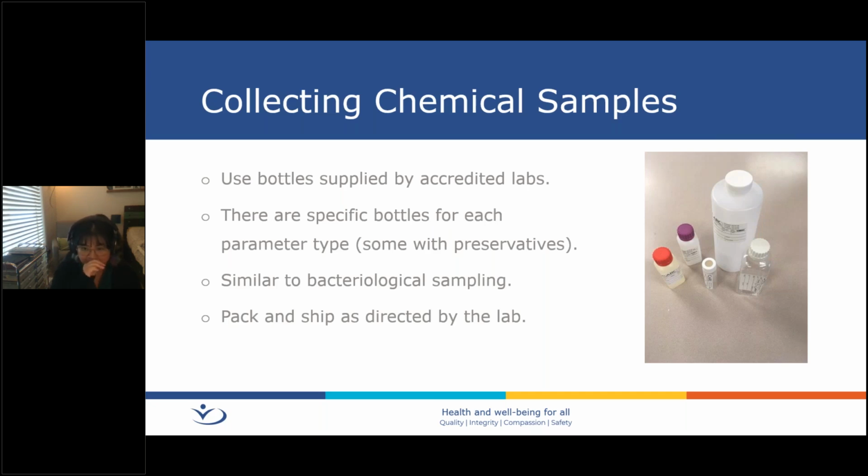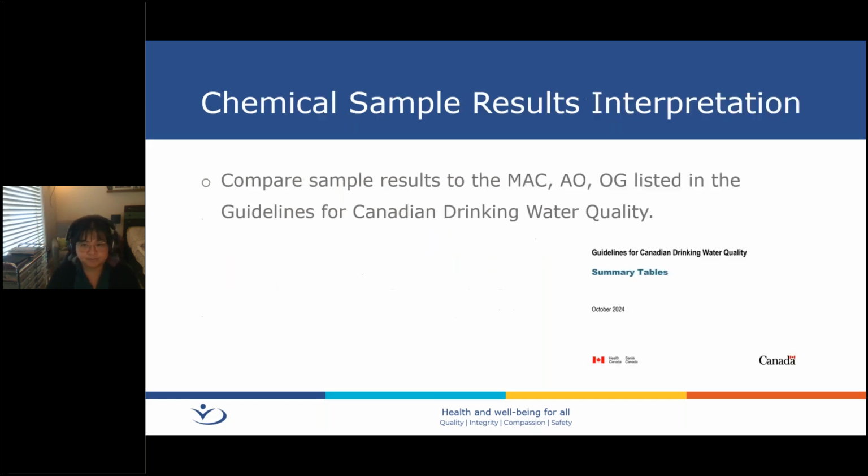It should be following the instructions that are provided by the lab. And once you have the sample results, you compare to the maximum acceptable concentration, the AO aesthetic objective, the OG, which is the operational guideline listed in the Guidelines for Canadian Drinking Water Quality.